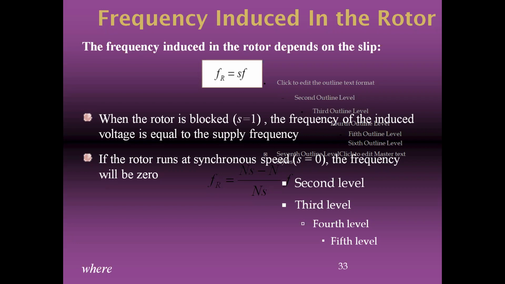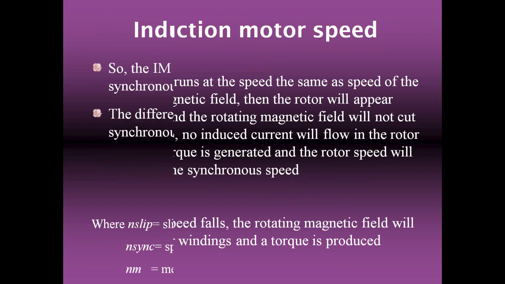But in an induction motor, the frequency of induced voltage in the rotor depends on slip. It is slip times the stator frequency. Please remember, rotor frequency equals slip into stator frequency. Okay, this is important.